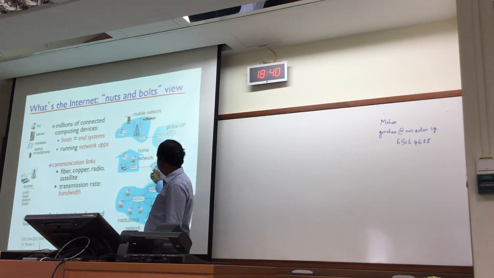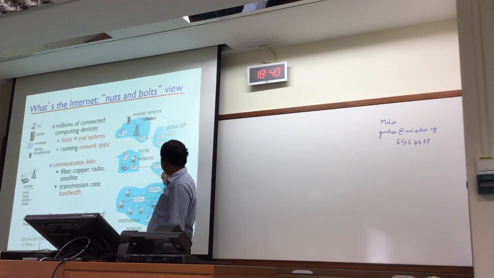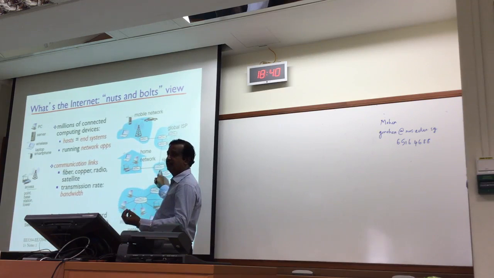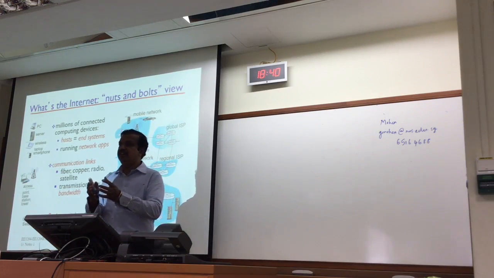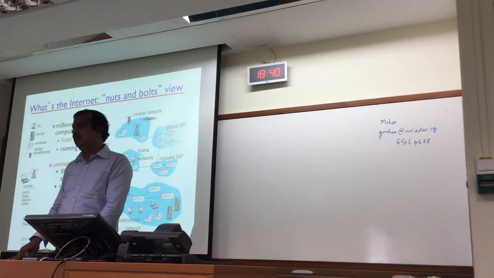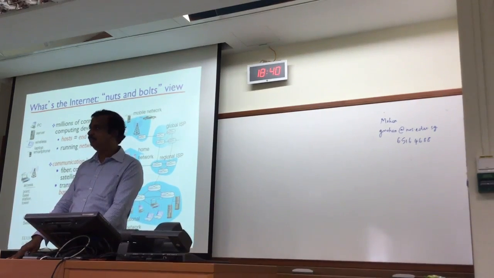Let's say data arrives at this switch, it has to take a decision whether it has to be sent here or here, based on the destination address. So it does a switching or forwarding function. It takes a piece of data and decides whether it should go in this direction or this direction. That is a switch or router. Is that fine?